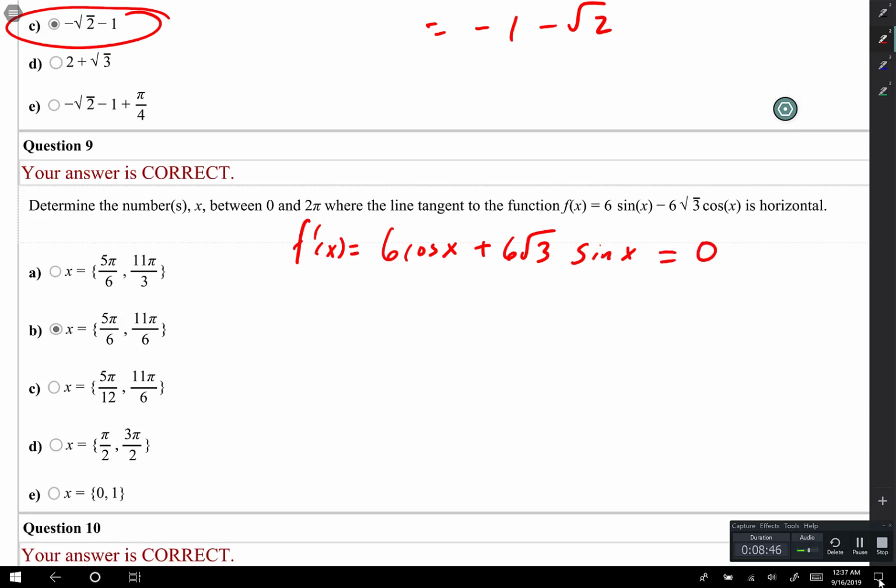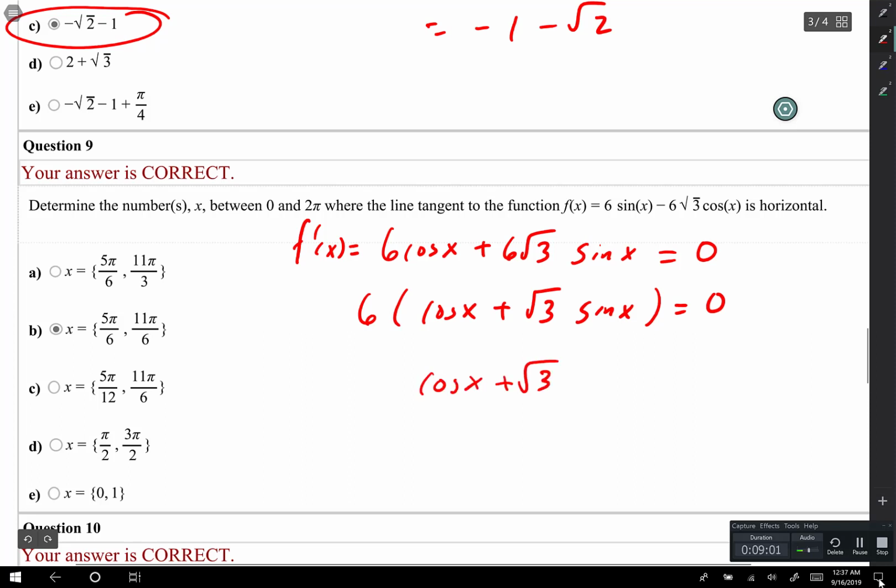Now, hopefully you remember from pre-cal, I'm going to factor out a 6 here. So I have this expression, cosine x plus square root of 3 sine x. The only way this will be 0 is if sine x equals a half.